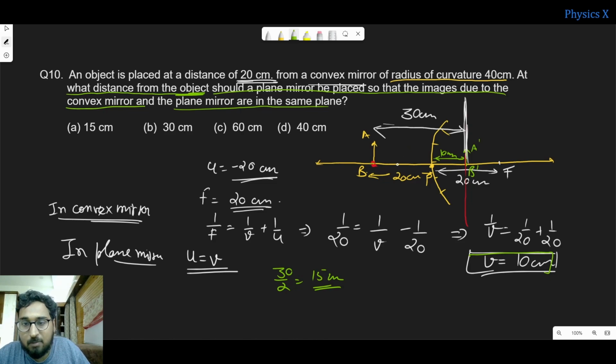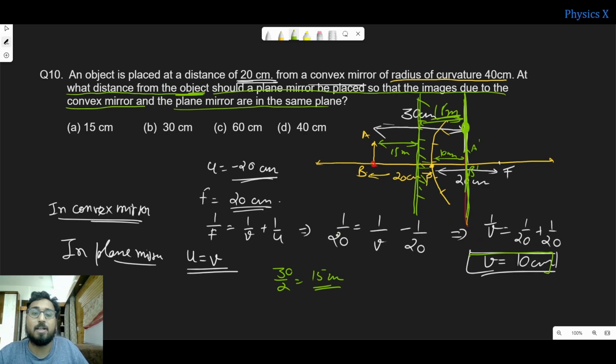So at 15 centimeter from this object I will be placing the plane mirror. This is 15 centimeter and the remaining distance, 30 minus 15, is also 15 centimeter. So now the image will be at this point.